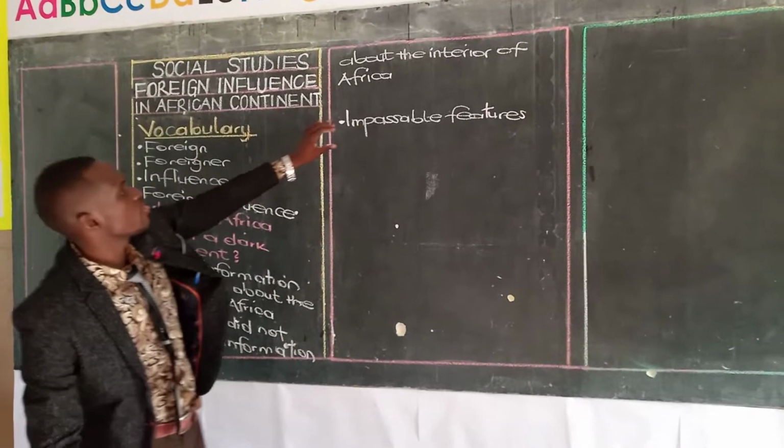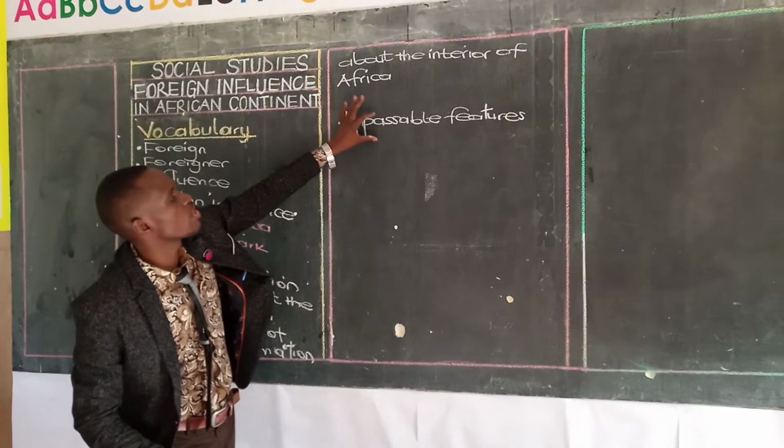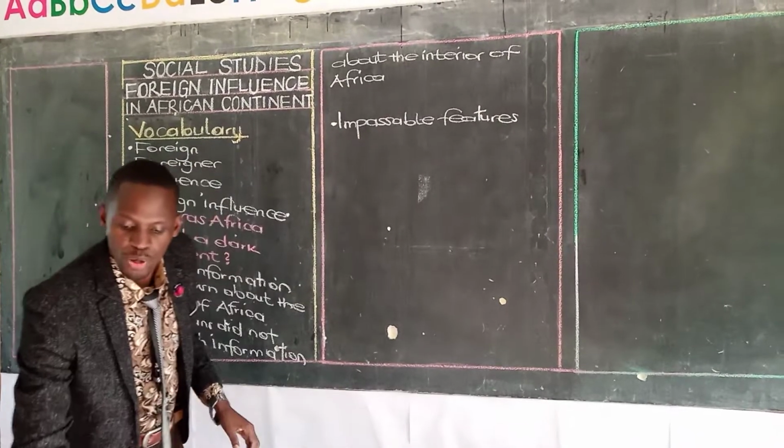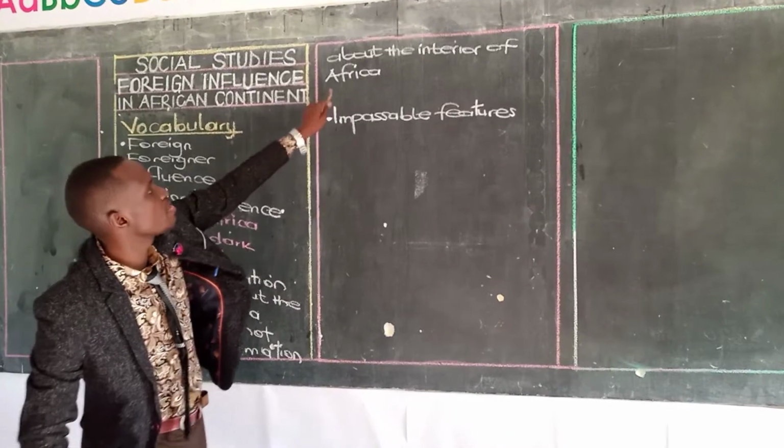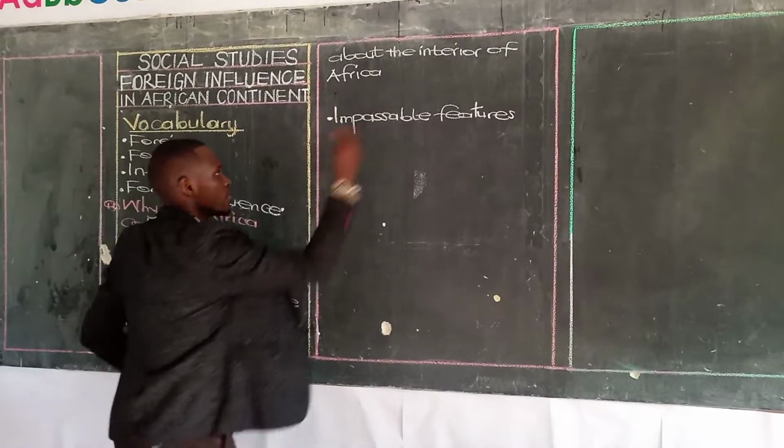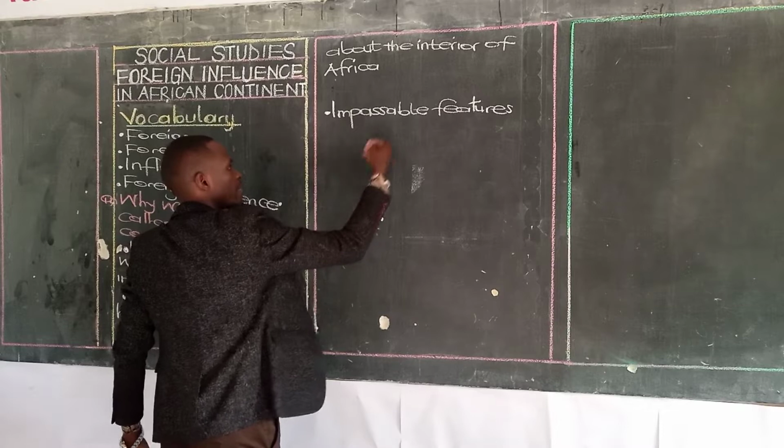So boys and girls, we are looking at reasons why Africa took a long time to be known outside the world. But then it is important for us to write it down. So we shall first write before we come up with our points.